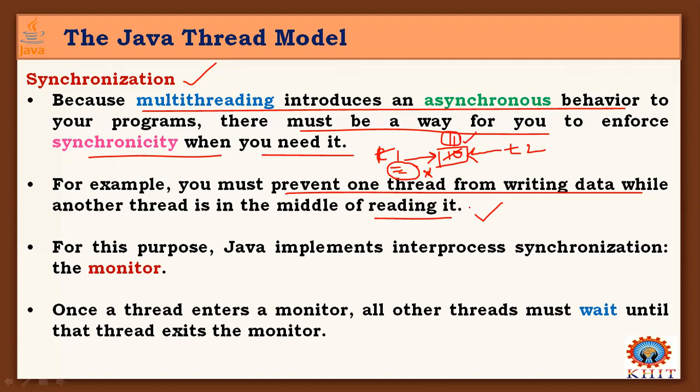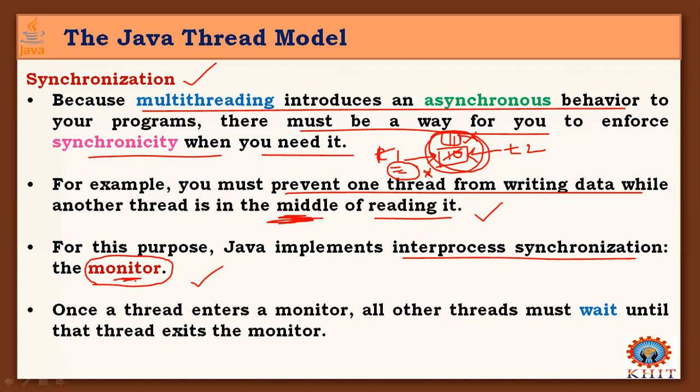So where the read and write problem occurs due to dependency, we must prevent one thread from writing data while another thread is in the middle of reading data. You know this example from the readers-writers problem in the synchronization chapter of operating systems. For this purpose, Java implements inter-process synchronization with a high-level construct called a monitor. This is also from operating system concepts: semaphore, monitor.